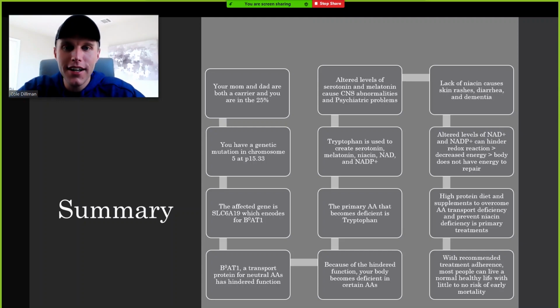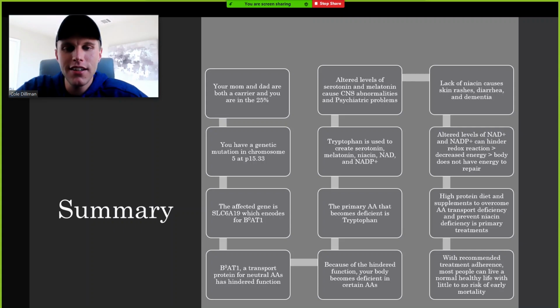So, to summarize, to make this as clear as possible, because I know it's a lot to take in. It starts out with your mom and dad both being carriers, and you end up in the 25%. You have a genetic mutation in chromosome 5 at section P1533.